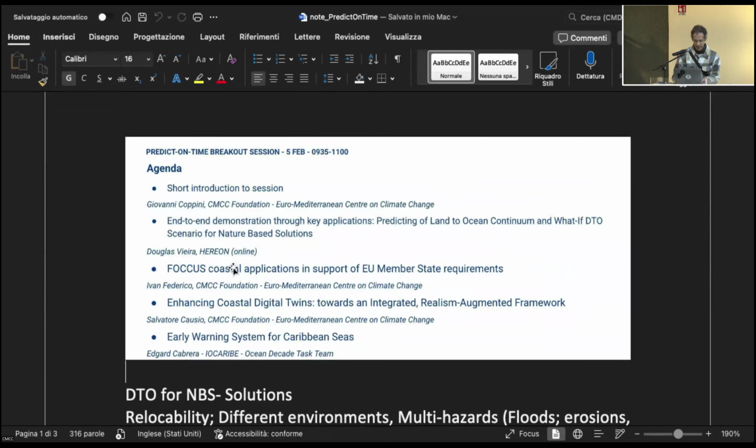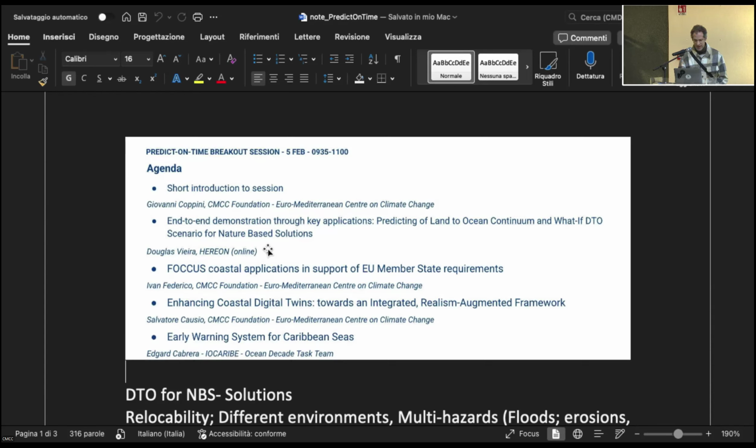The one from Douglas Vieira was a very interesting presentation on the key application they developed to model the ocean-land continuum, also with what-if scenarios. This also highlighted the extreme complexity of the coastal environment and the need to use very multifaceted approaches to model its different aspects.